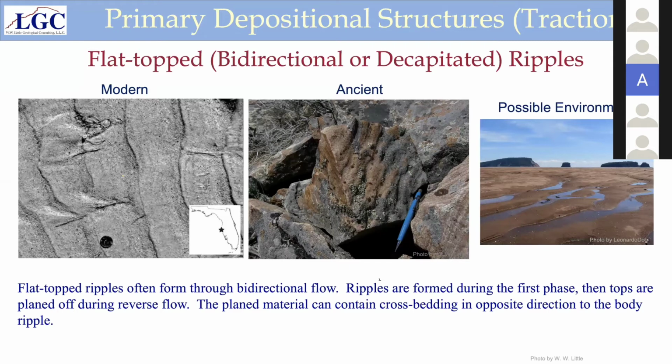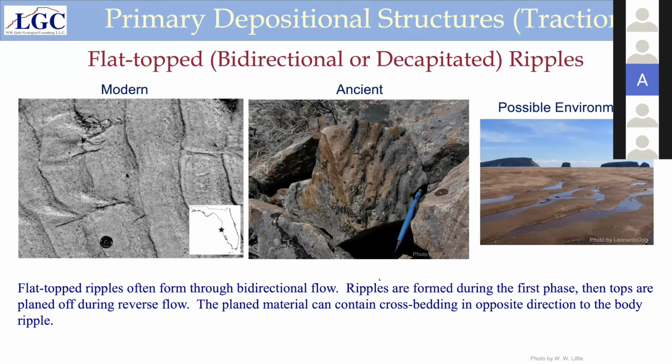And in this case, what you're seeing is the result of two directions of flow. So as the tides come in, they pick up the sand. The sand will migrate landward and form a ripple. And then as the tide moves back out, it will actually decapitate, means cut off.